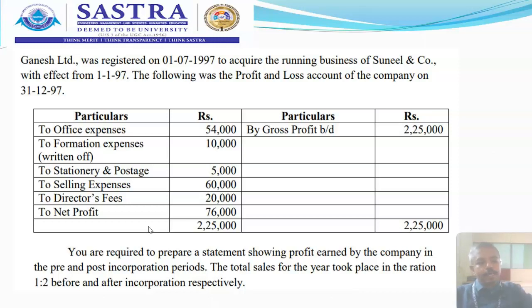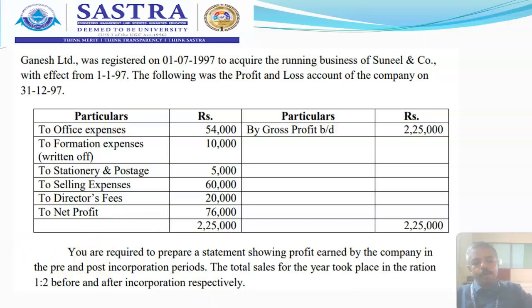So here the director comes into the picture only after the 1st of July, that means the date of incorporation. Hence, the director fees need to be allocated, they cannot be apportioned. This cannot be apportioned either based on time ratio or based on the sales ratio.